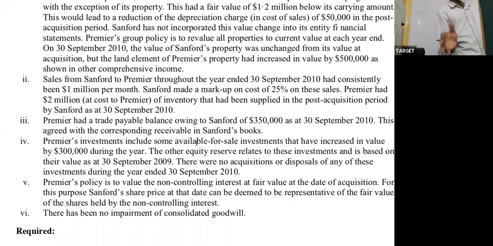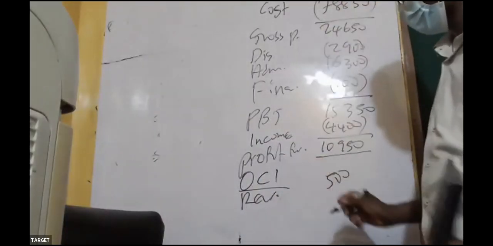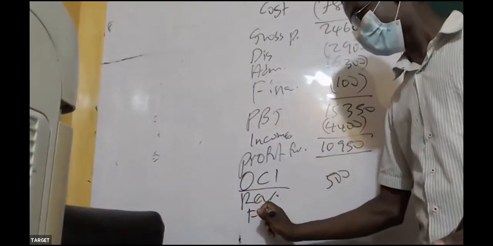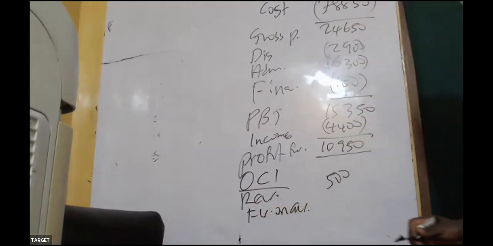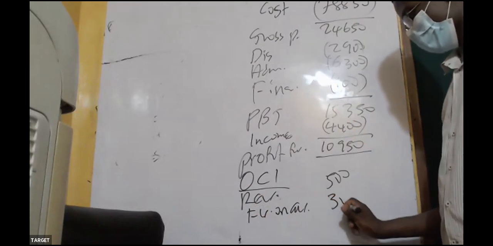The changes in fair value is reported in what? OCI. So this fair value gain must go to where? OCI. So first thing, two entries. Right here, fair value gain on available for sale asset, which is 300.